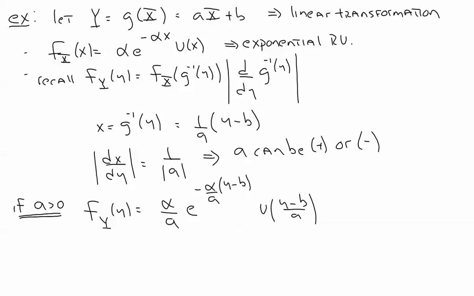I'm going to rewrite this one more time: alpha over a e to the minus alpha over a (y minus b) times step function of y minus b. Division by a positive constant in a step function doesn't matter.